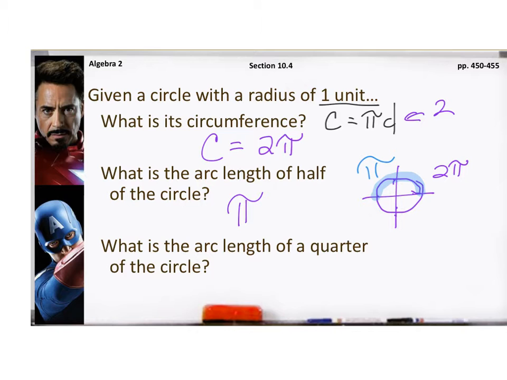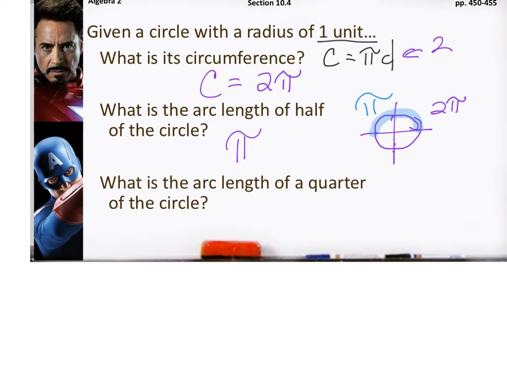What is the arc length of a quarter of a circle? Again, the whole thing is 2 pi, and a quarter is going to be pi over 2.